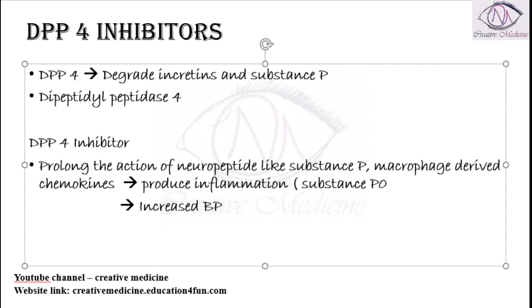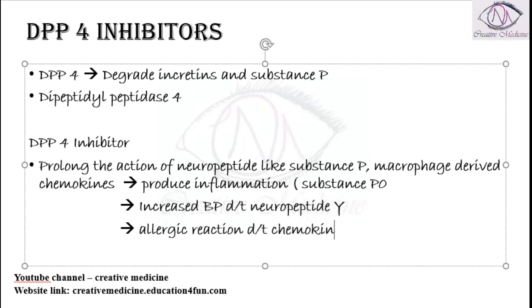Because this increased blood pressure is due to the neuropeptide Y, which is prevented from degradation by DPP4, and it will also result in allergic reactions, and these allergic reactions are mainly due to the chemokines. Okay, so this is the main mechanism of action.